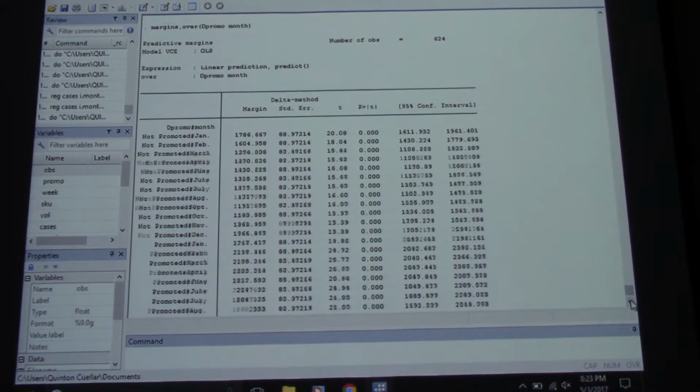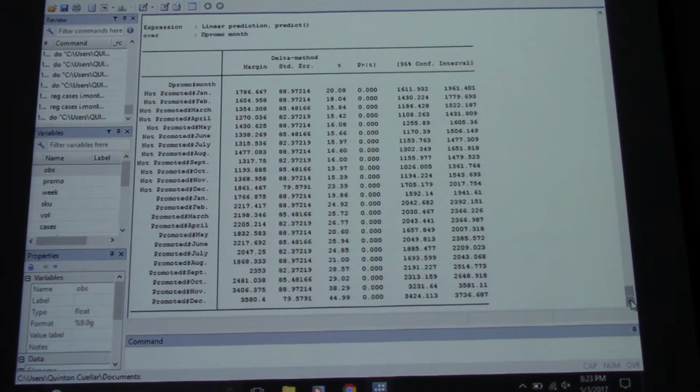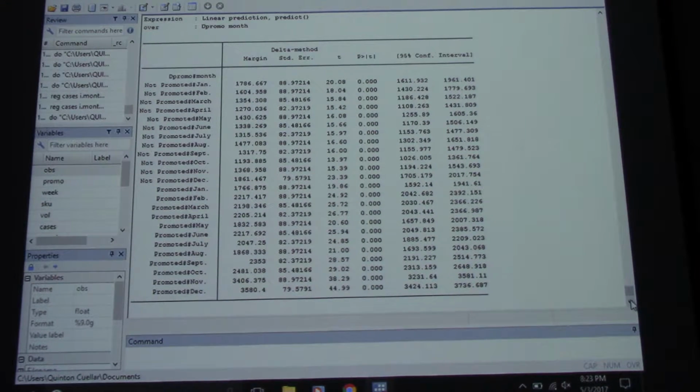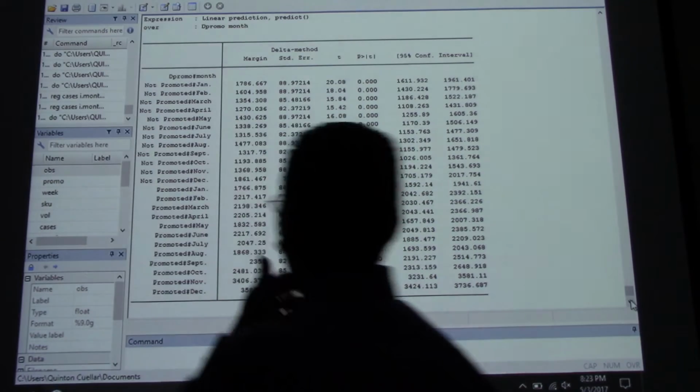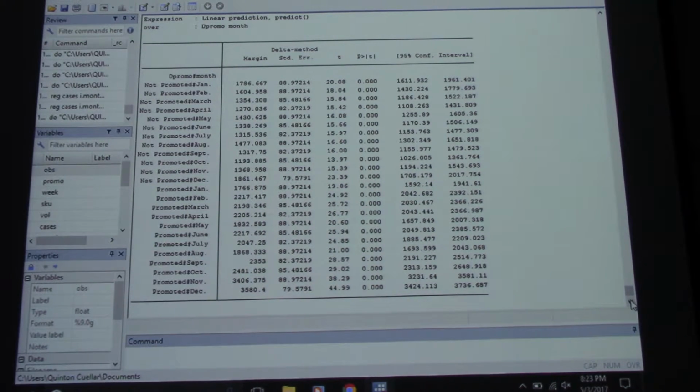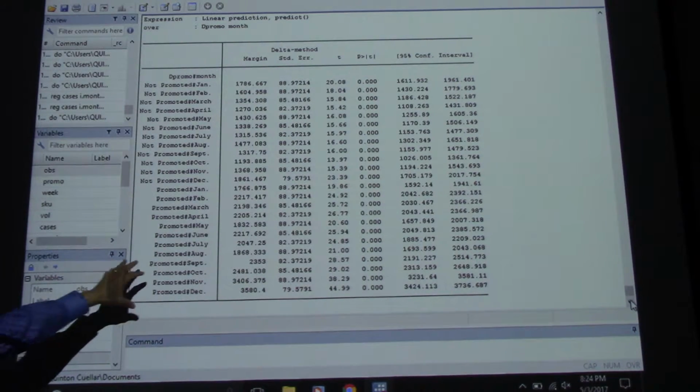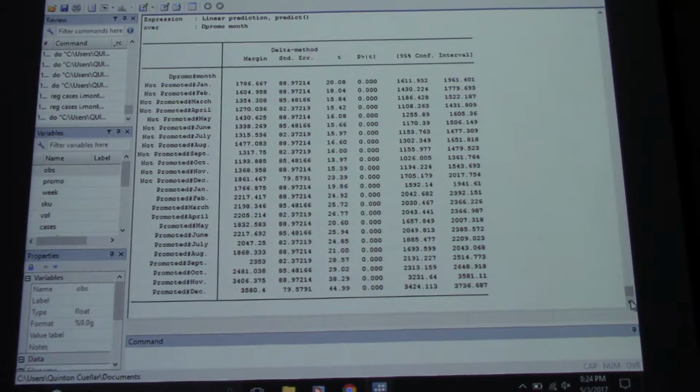So the margins command gives us this table here, which, again, we just have to know how to read it. The first top half, the first 12, are non-promoted January, February, March, April, May. The bottom 12 are promoted January, February, March, April, May.